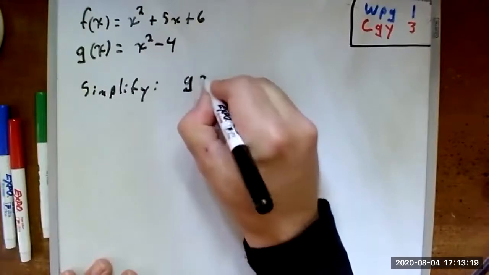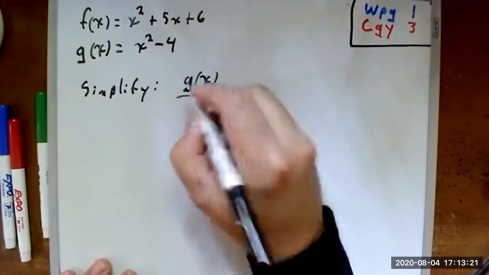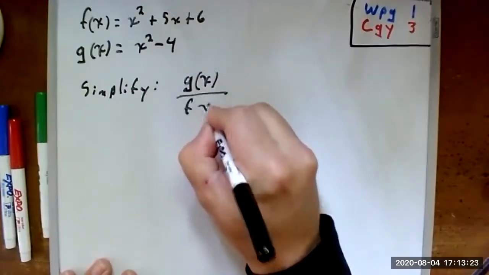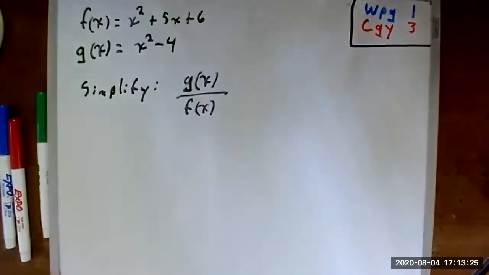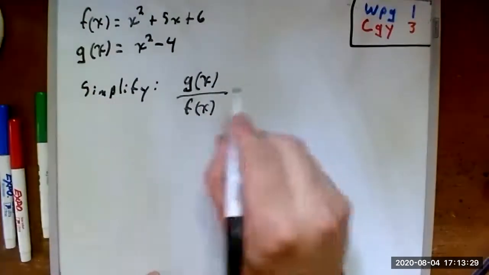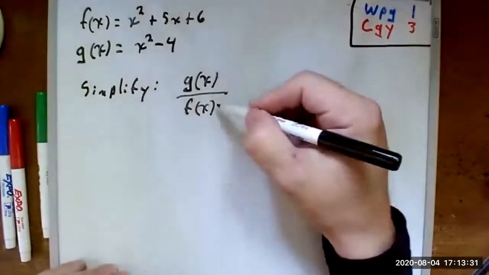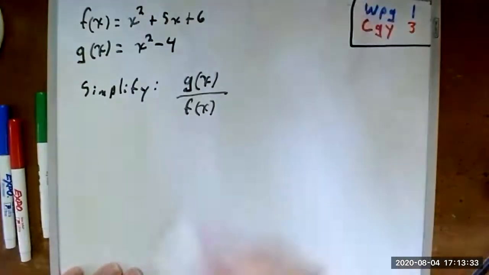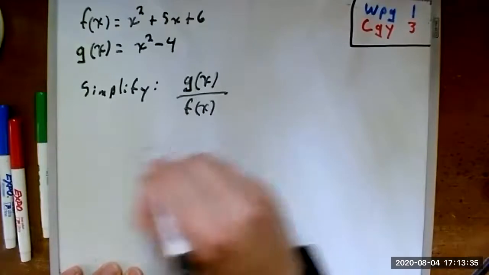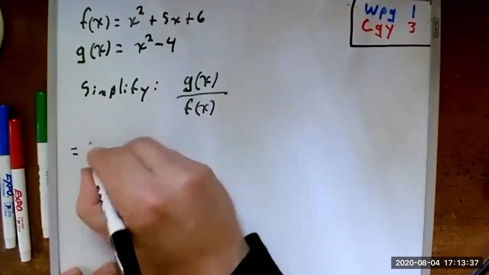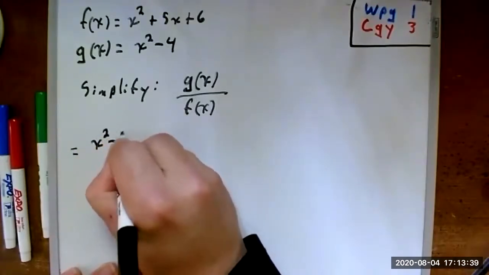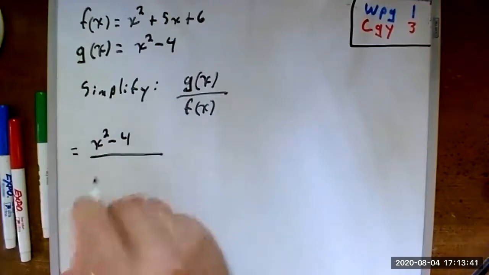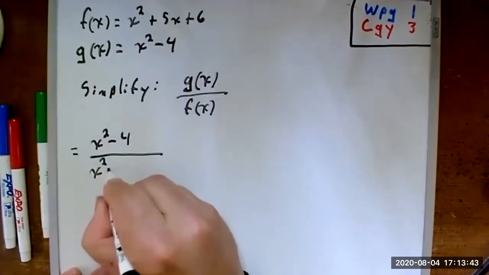And then we're being asked to simplify the following. Make sure I get this the right way. What we're being asked to simplify is g of x divided by f of x. So, step 1 with g of x divided by f of x, replace g of x and f of x with their actual equations.